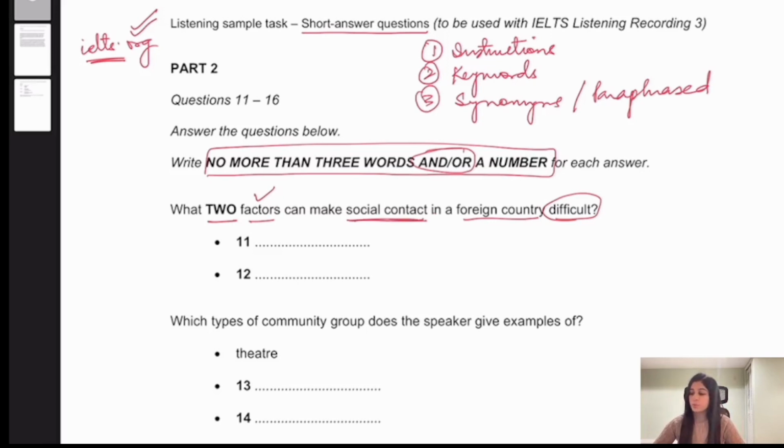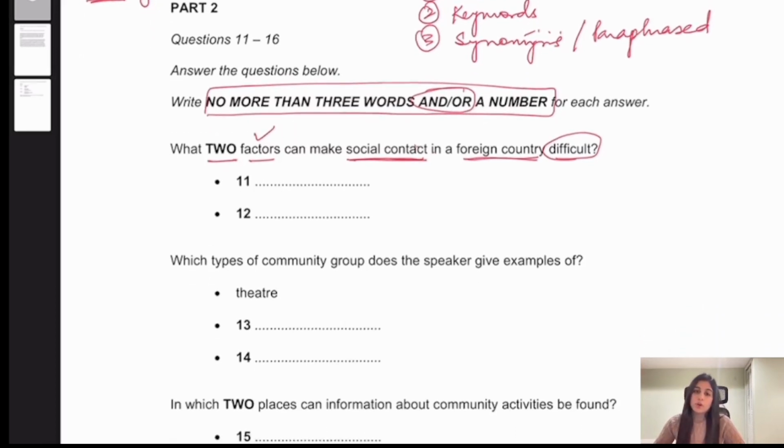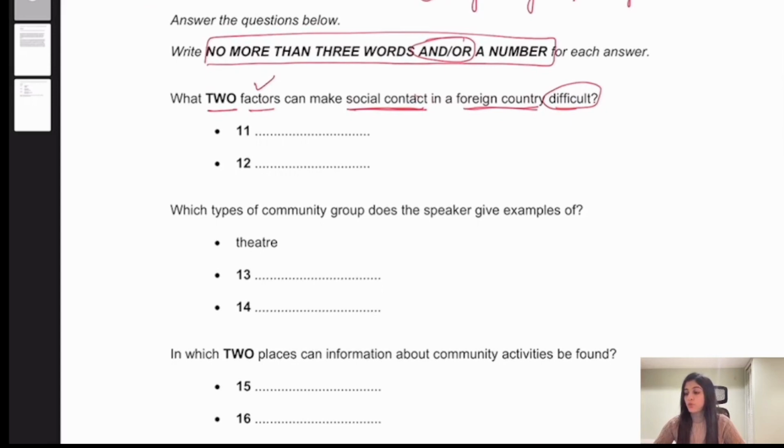Social contact could be changed into, let's think about the synonyms, friendship, relationships, or group meeting, something of that sort, or it could be used as it is too, we never know. In a foreign country: think about the synonyms of foreign country. An alien nation could be that. Difficult could be not easy, time consuming, or not practical, words like these. So you have to just paraphrase that.